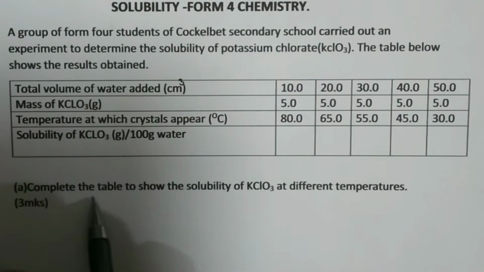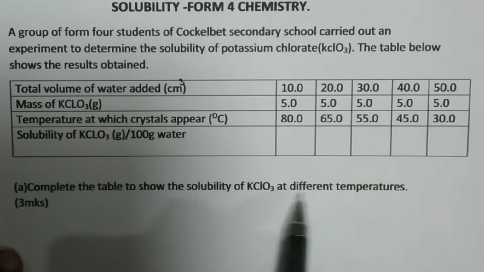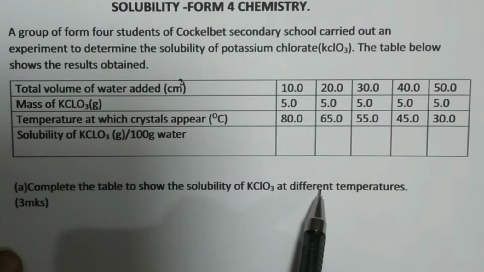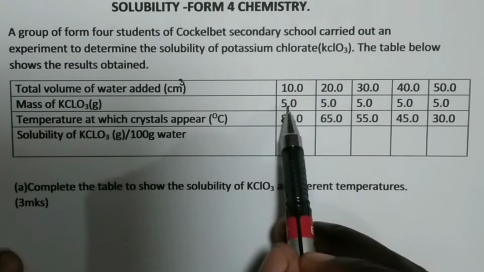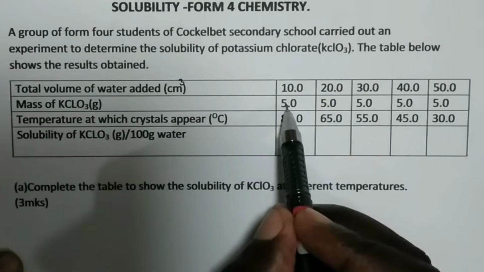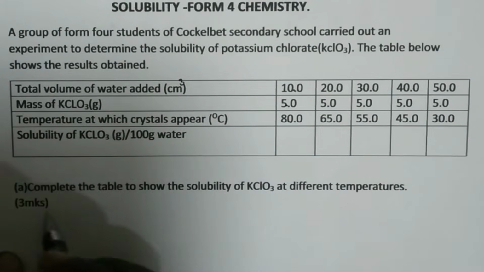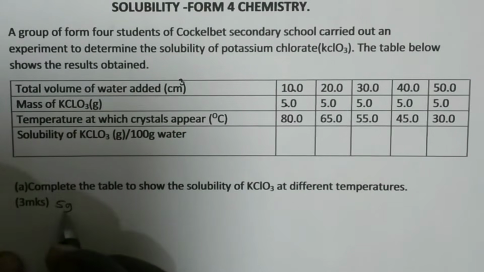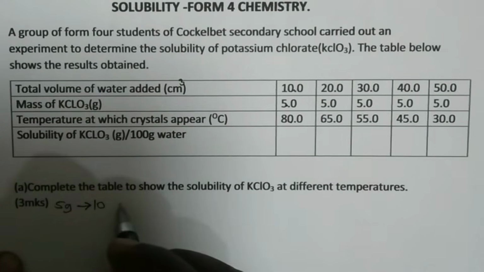Part A, complete the table to show the solubility of potassium chlorate at different temperatures. We have the mass of the solute, and at 80 degrees Celsius, 5 grams of potassium chlorate dissolves in 10 centimeter cubic.